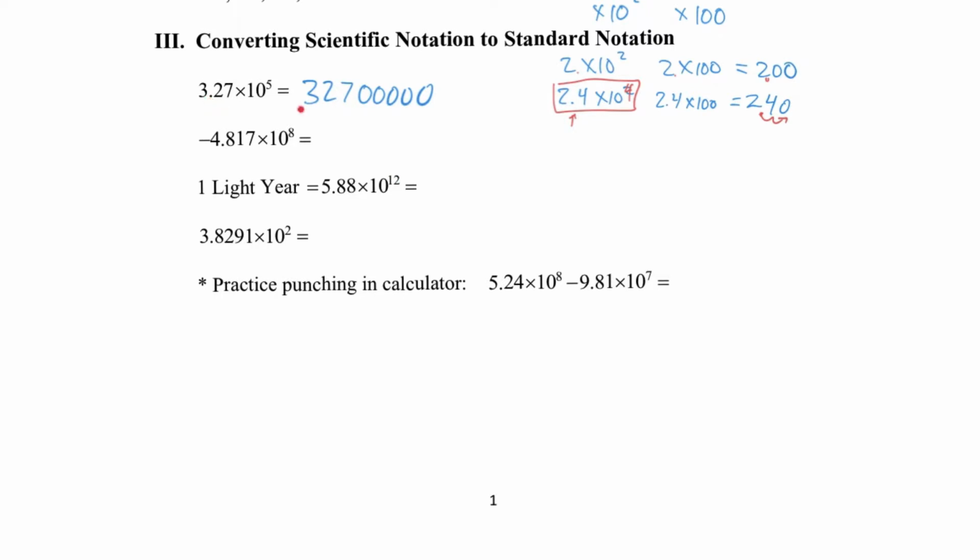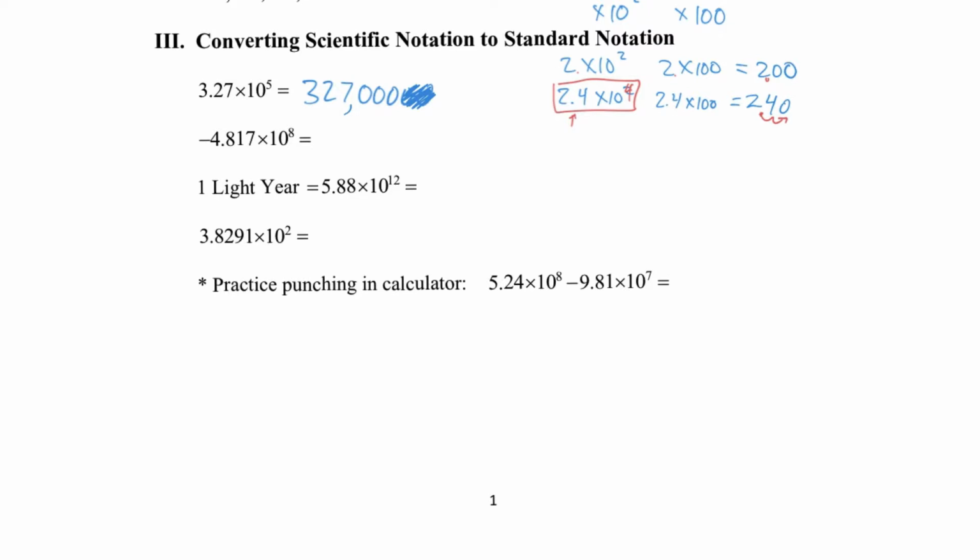It takes 2 jumps to get to the end of my numbers, and I have 5 jumps total. I just used up 2 of them, so I have 3 more to go. So the final answer would be 327 million, I'm sorry, 327,000. That's actually the right answer.